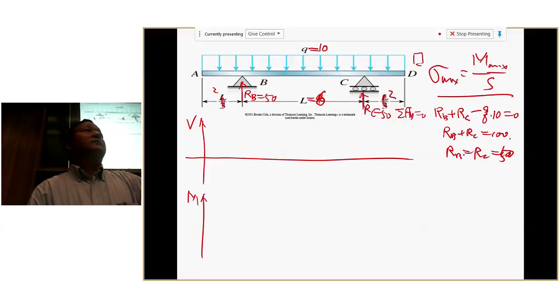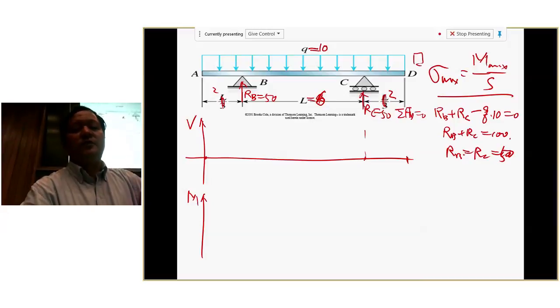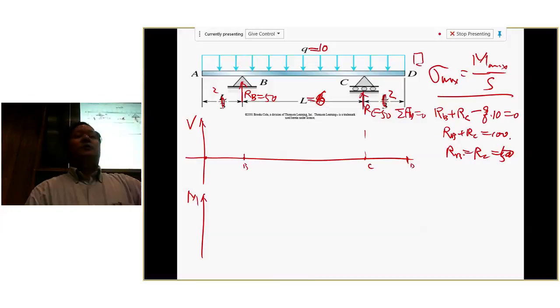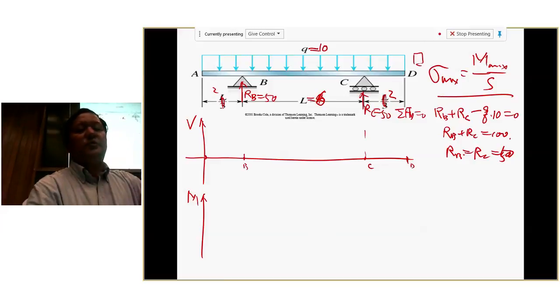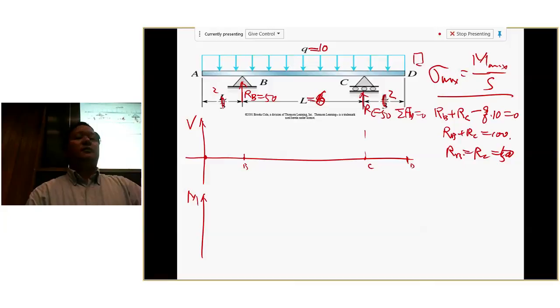Okay. Start 0, right? End 0. And then here you see a concentrated force. Here you see a concentrated force. This point A, this point B, this point C, and this point D. All right, start 0, end 0. I will draw this. Once you start, what do you see? You see a distributed load. Now you don't see 0.